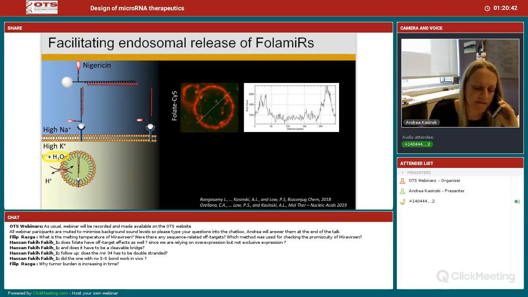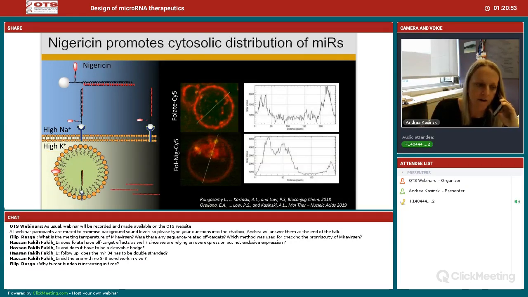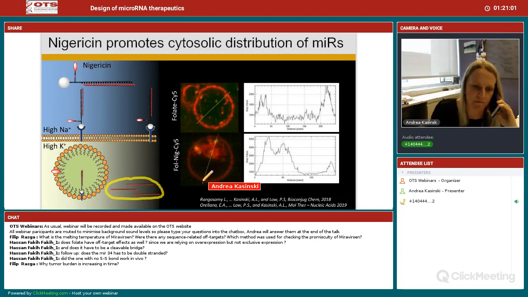But instead of exchanging it for sodium ions, which are also osmotically charged, there's an exchange for a proton, and protons are not osmotically charged, so they're not going to take water back out. So we're bringing water in without taking water out, therefore causing the endosome to swell and redistributing the microRNA to the cytoplasm.